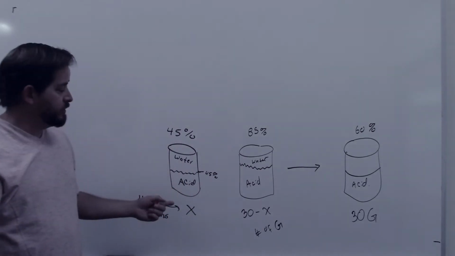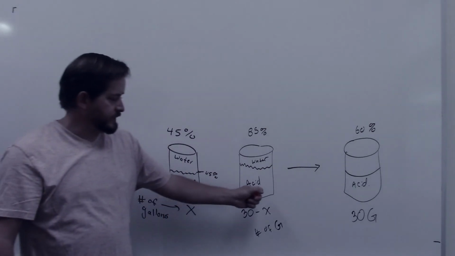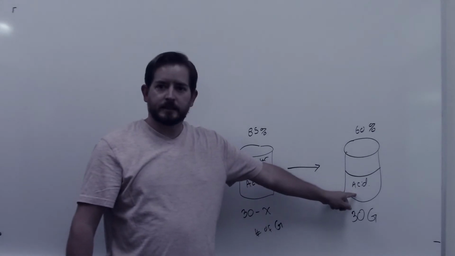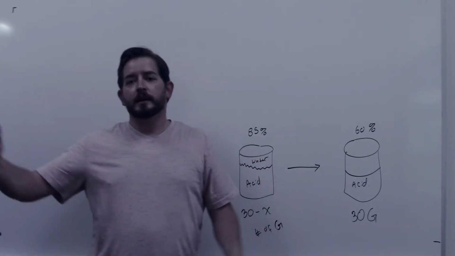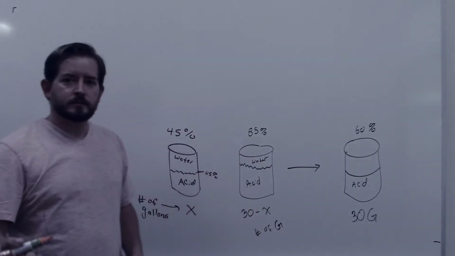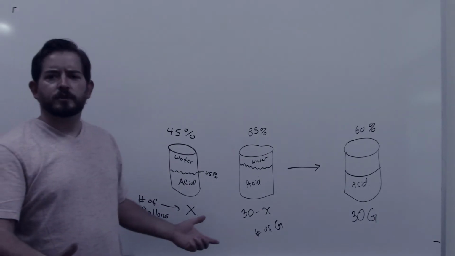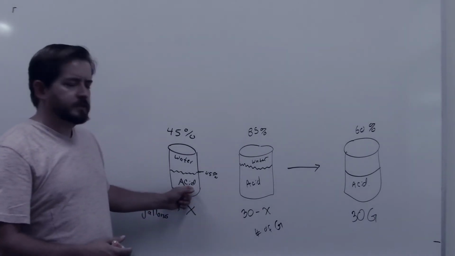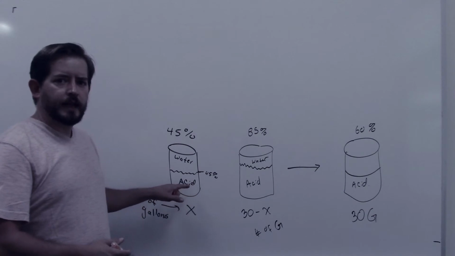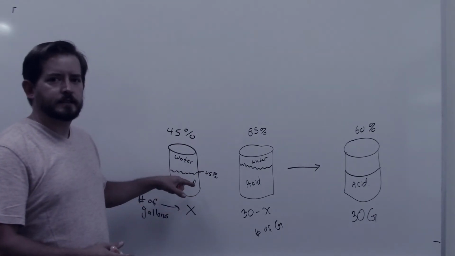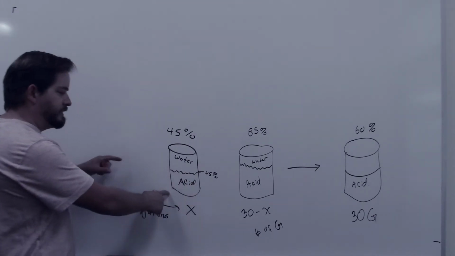Acid from this plus acid from this equals acid here. Our units in the first problem were dollars, in the second problem also dollars. In this case, it's going to be gallons of acid.